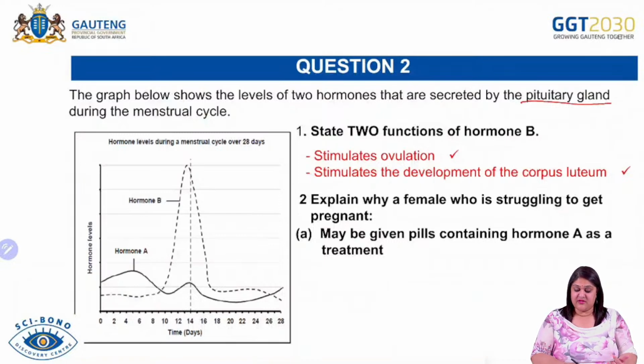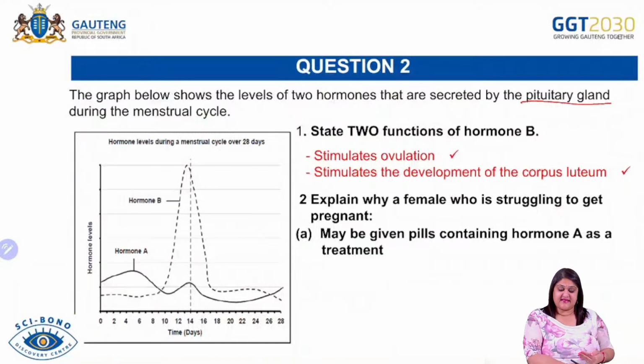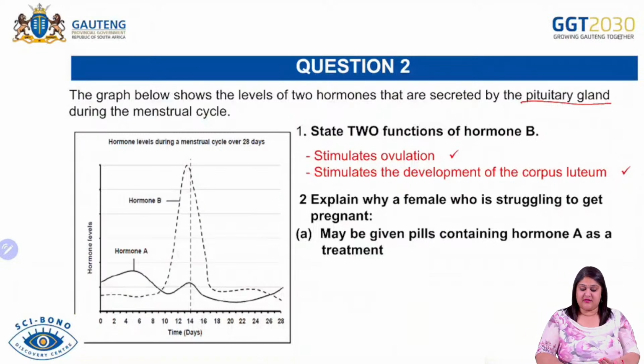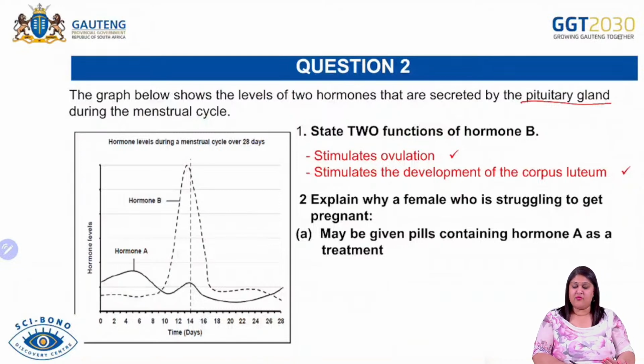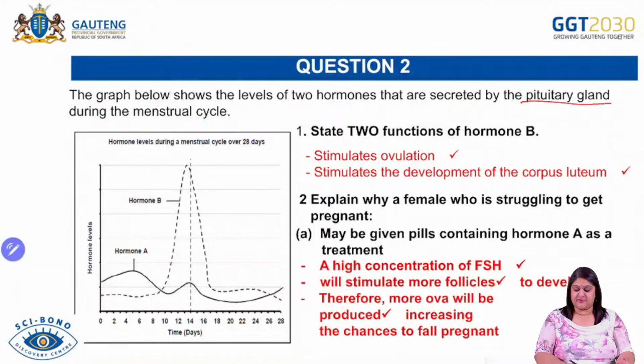Explain why a female who is struggling to get pregnant may be given pills containing hormone A as a treatment. So if you're trying to fall pregnant, hormone A is going to be our FSH, okay? We need follicle stimulating hormone. Why? Because we need to stimulate the development of the follicles so that we can have a possible ovum.